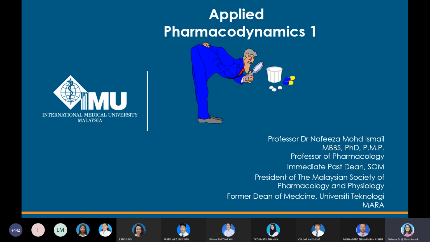I've always wondered how these drugs, when we take them for blood pressure, for a headache, or for something else, know what to do. We still don't know how they act, but we do know most of the actions now, at least some of the actions, all right? So applied pharmacodynamics 1 will take you through some terminologies and so on and so forth.